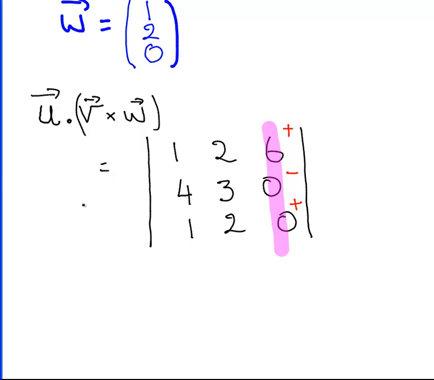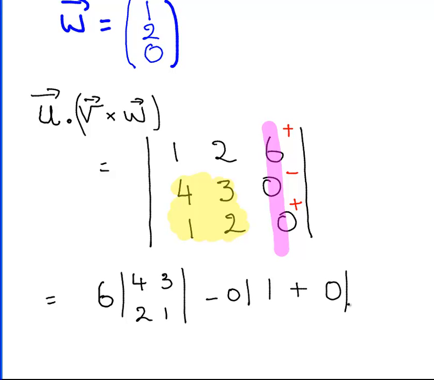If you're not familiar with sign arrays, check out how to get the determinant of a matrix. So we take 6 times its minor submatrix, and get the determinant of that: 4, 3, 2, and 1. Then minus 0, but you don't need to go anywhere with that because it cancels out to 0.